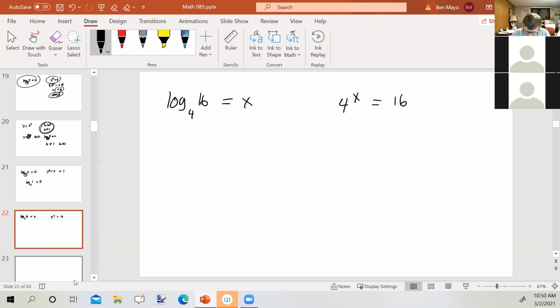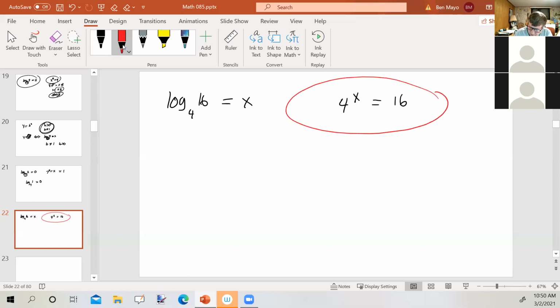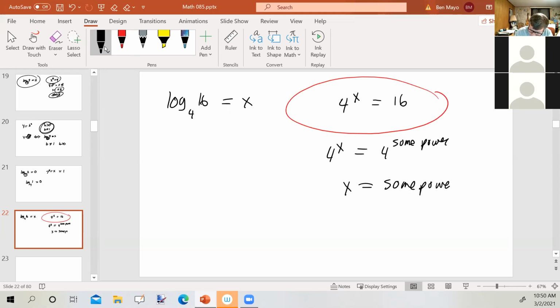All right, now, if we can rewrite this equation so that it has 4 to the x equals 4 to some power, then the exponent on the left would equal the exponent on the right.